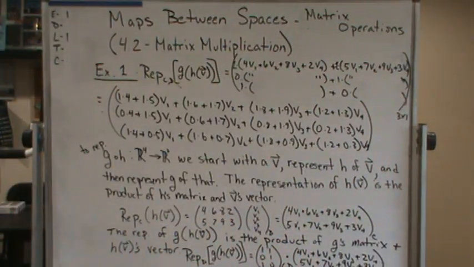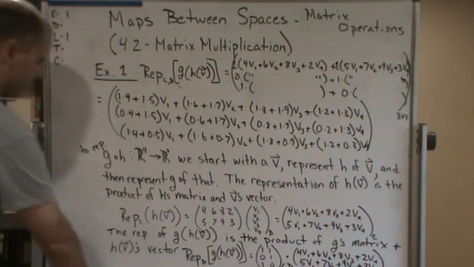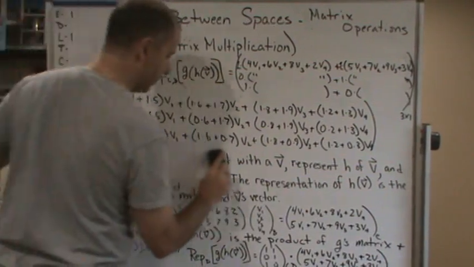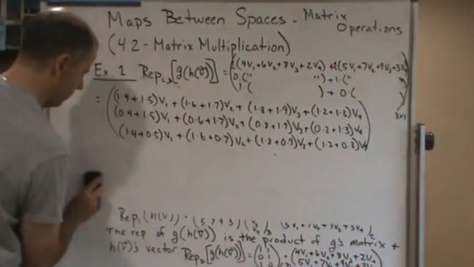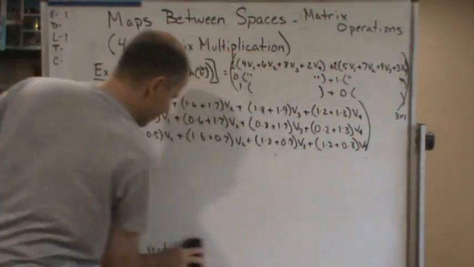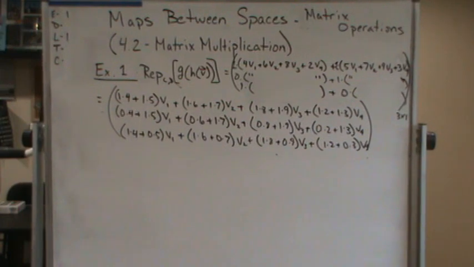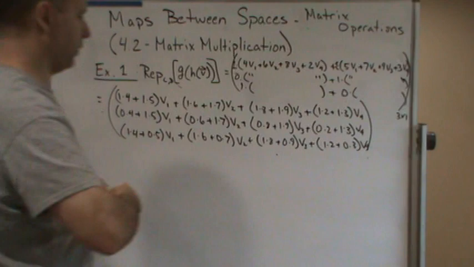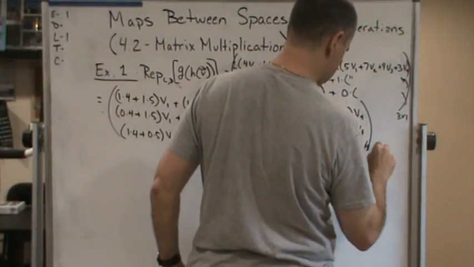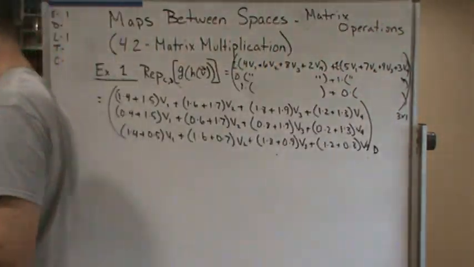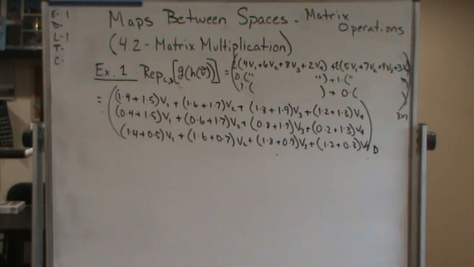Okay. And so now, what does this tell us? This gives us the representation of the composition of the maps. Oh, by the way, this is with respect to D. And so this is the matrix vector product.